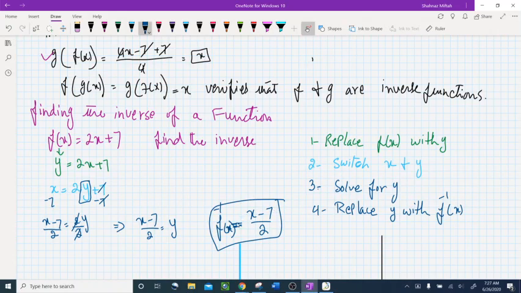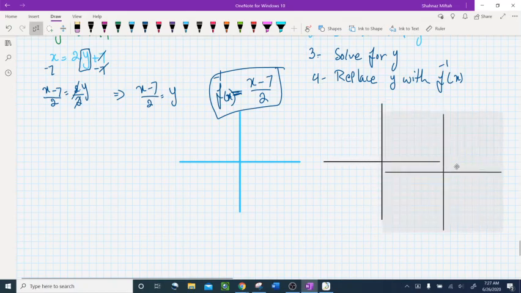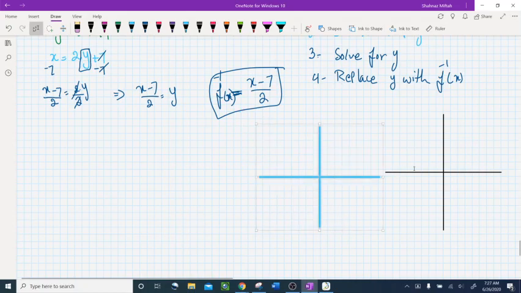Okay, there is also something we talk about, the horizontal line test.